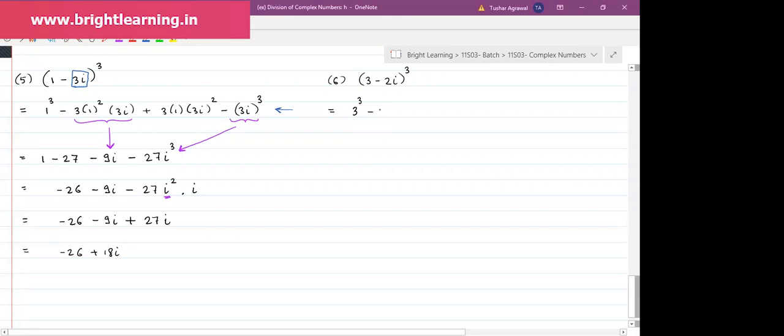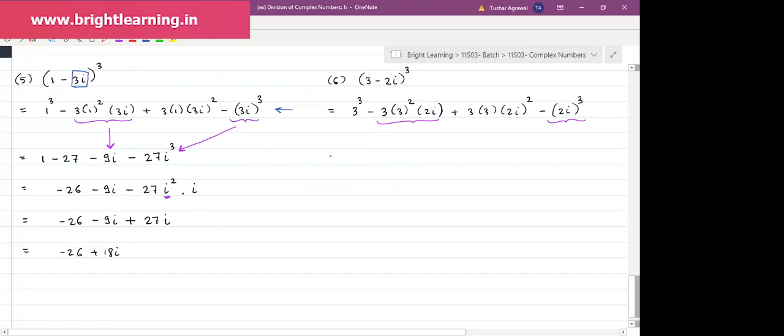A cube minus 3 into a square into b plus 3a into b square minus b whole cube. So the terms that will come under imaginary, I have underlined with purple.